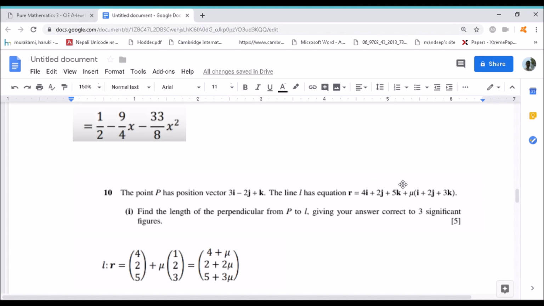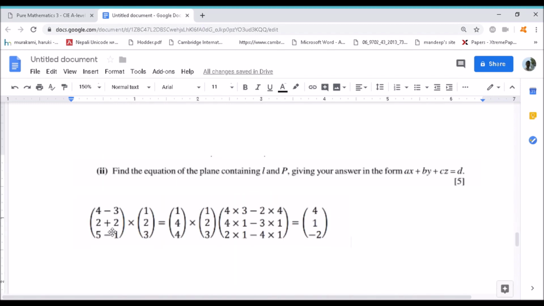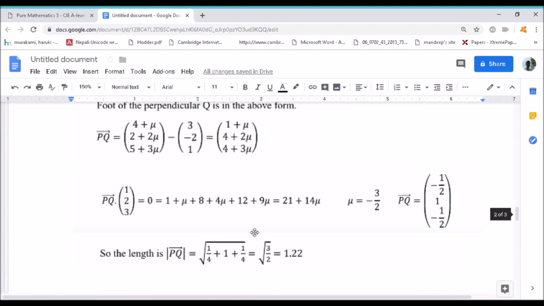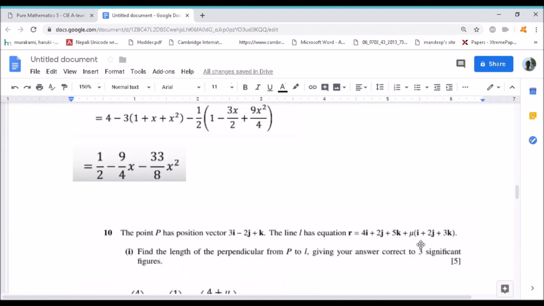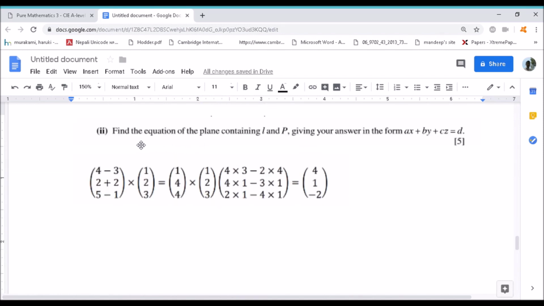The plane lies in both, so we subtract: 4 minus 3, 2 plus 2, 5 minus 1, cross product with 1, 2, 3, the direction vector of L. Because the plane contains both L and P, so we find that.